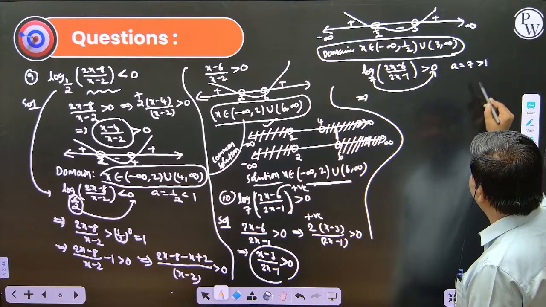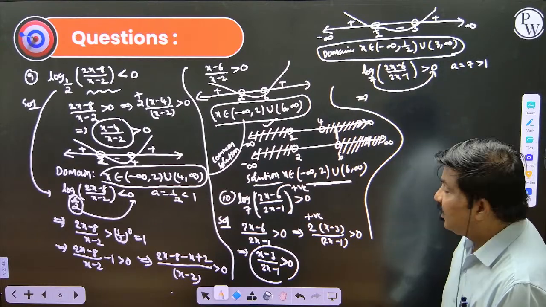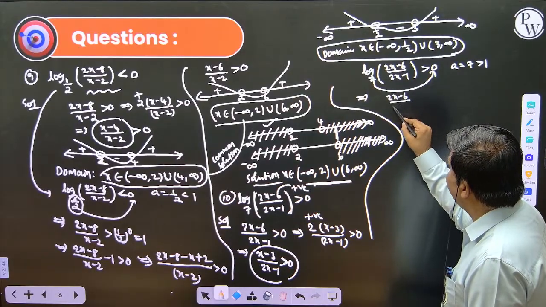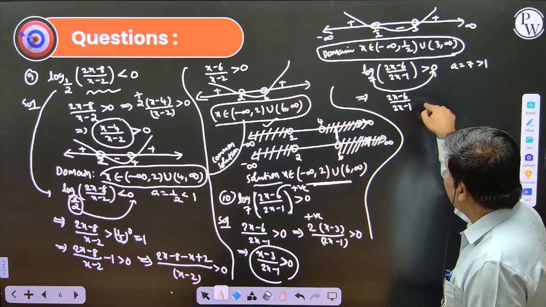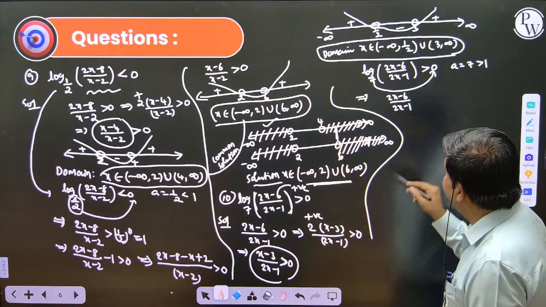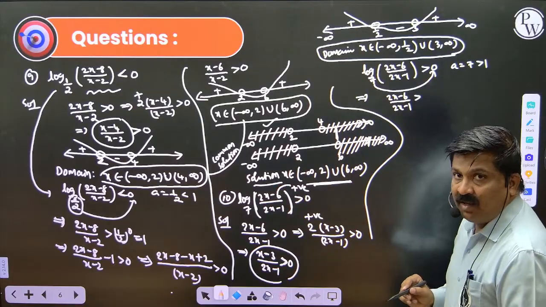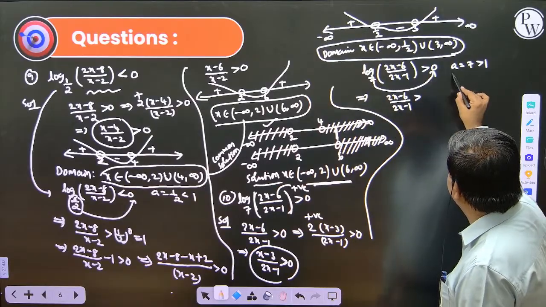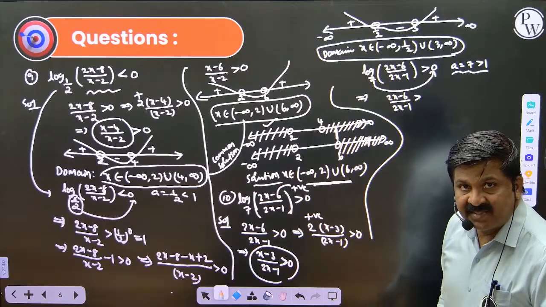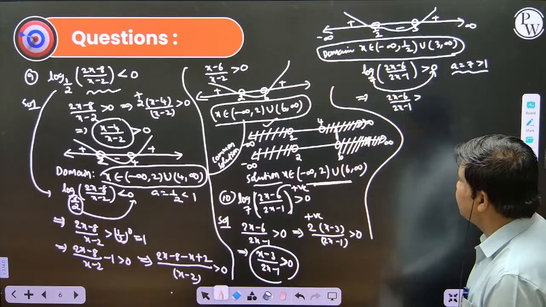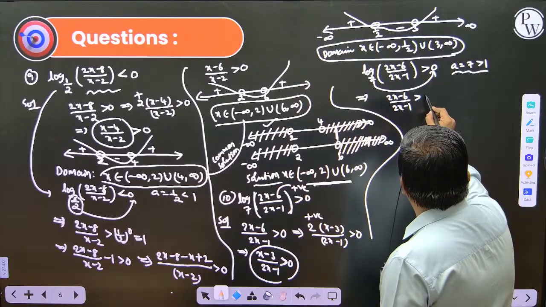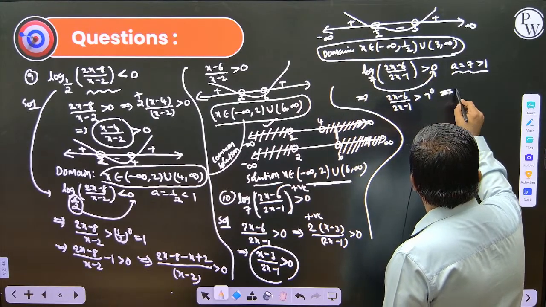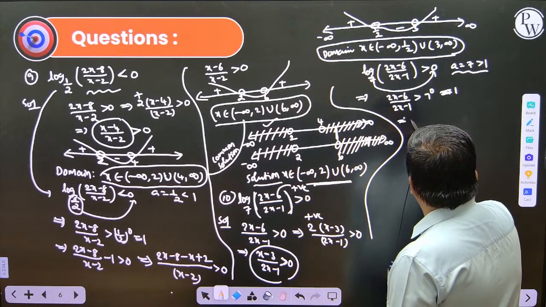Base is 7, which is greater than 1. So by shifting the base of a logarithm to the other side, the inequality will not change, since the base is more than 1. So that becomes 7 power 0, which is equal to 1.